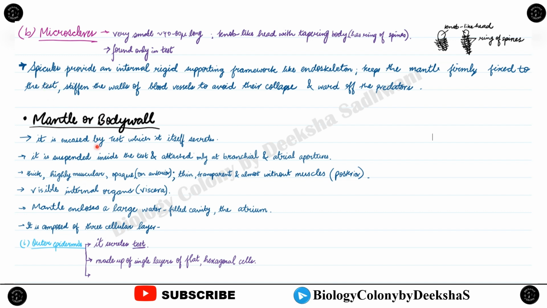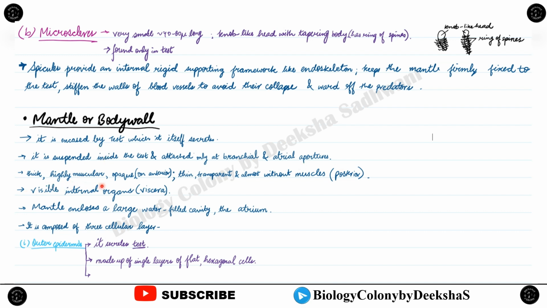Next we have the mantle or body layer that is present under the test, or it is encased by the test which it itself secretes. We just studied that the epidermis layer of the mantle secretes the test or tunic layer. This mantle is suspended inside the test and attached only at the branchial and atrial apertures. So it appears bag-like.